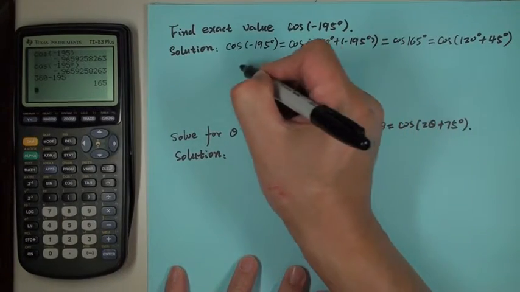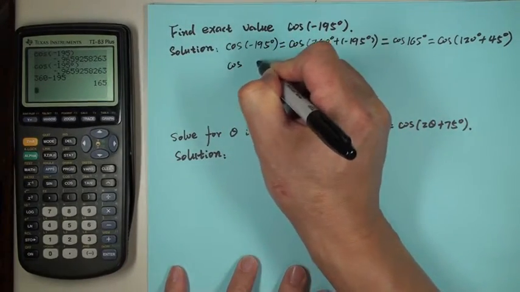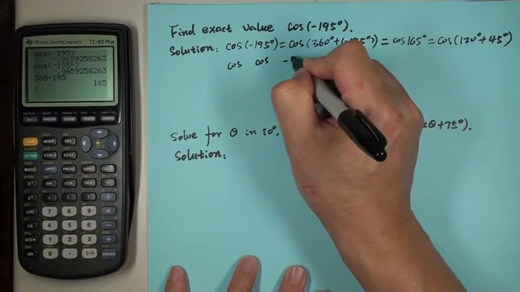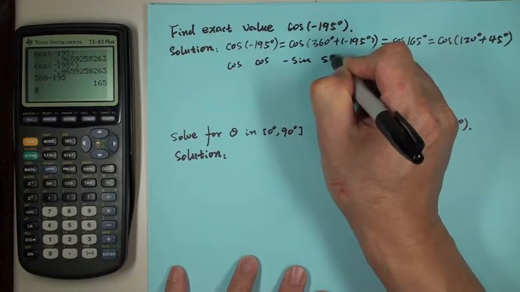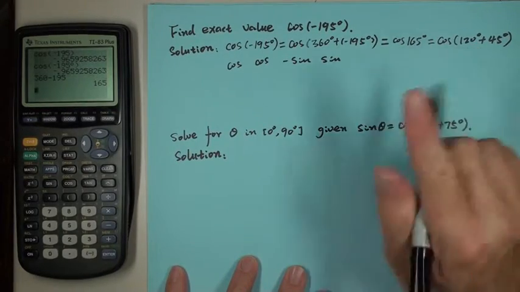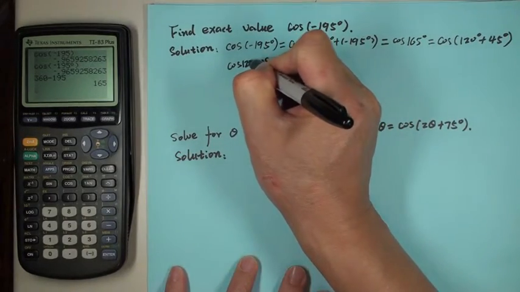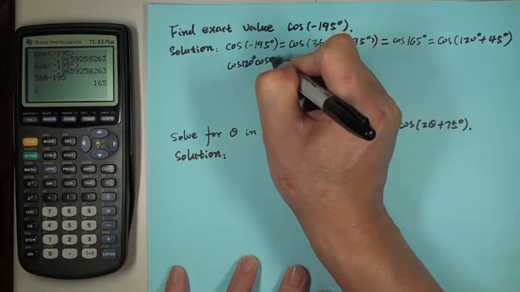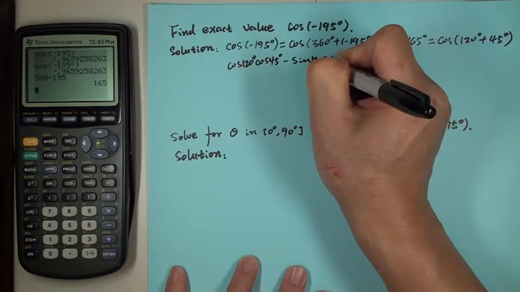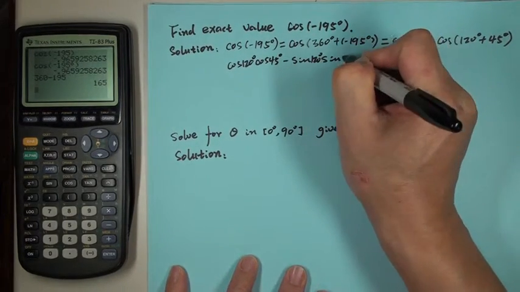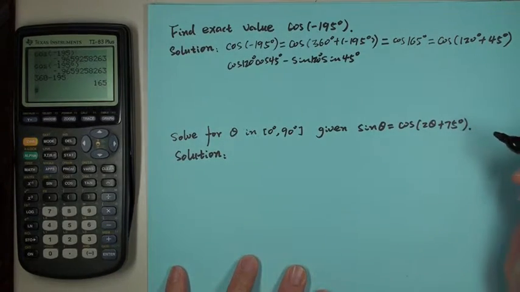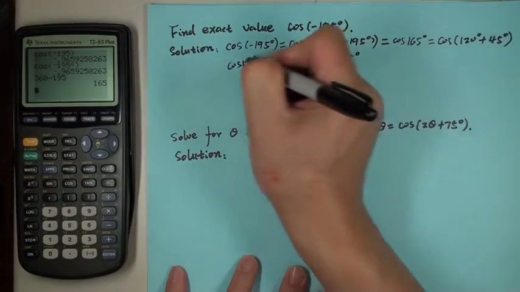For cosine, that will be cosine A cosine B, here is plus, so you do minus, sine A sine B. Then here is 120 degrees, and here is 45 degrees, again 120 degrees and 45 degrees. So the above equals that.